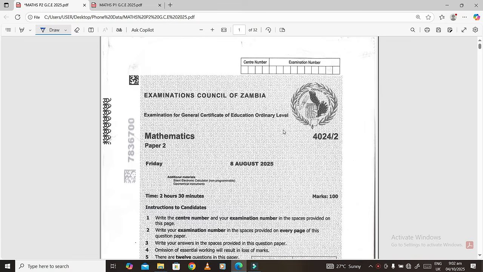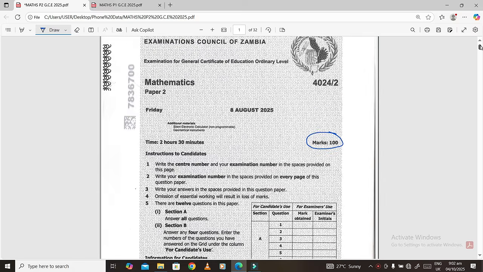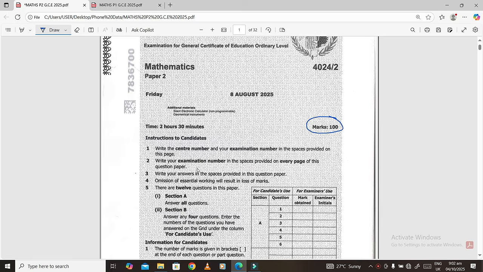Alright, so this is paper 2 mathematics, and I hope you watched paper 1. So here it's 100 marks as usual, and if we check nicely here, this number 4, among the rules that you're supposed to follow.